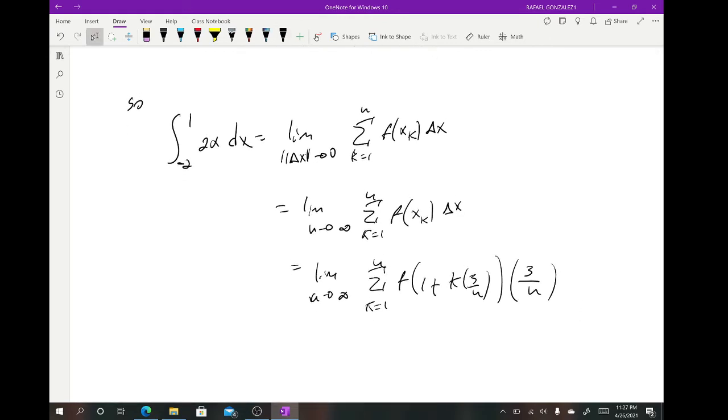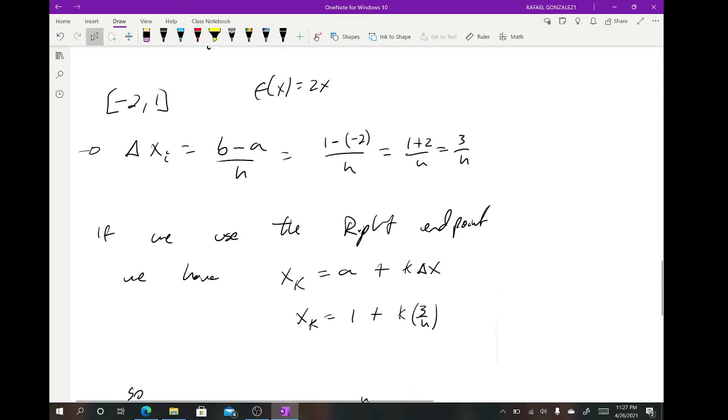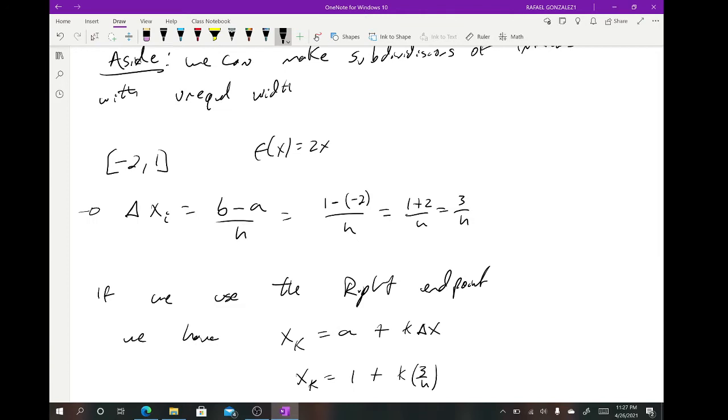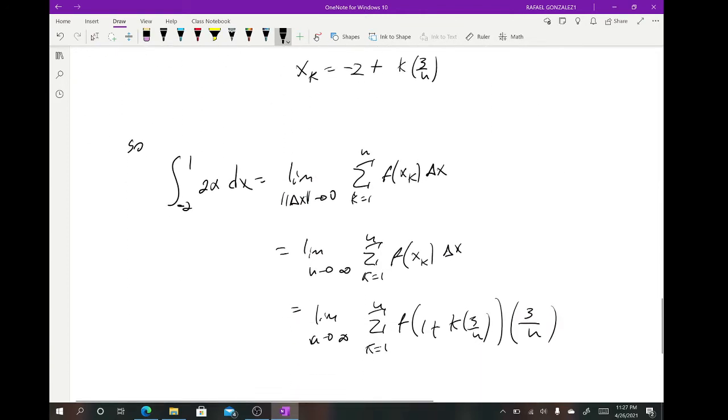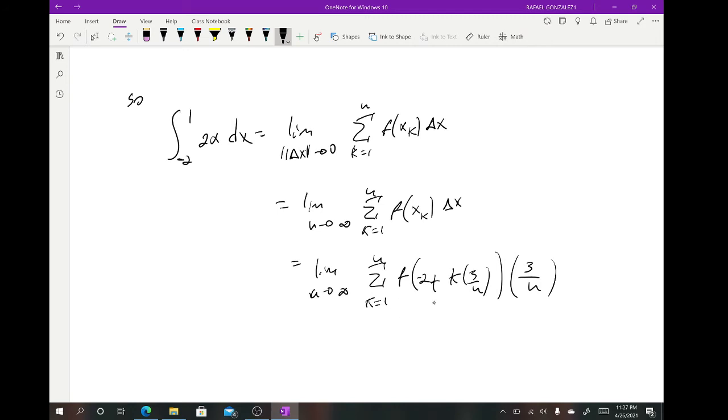Oh, I picked actually the wrong a. A was -2, not 1. So this is -2. My apologies. I'm so used to the bigger number being the a.